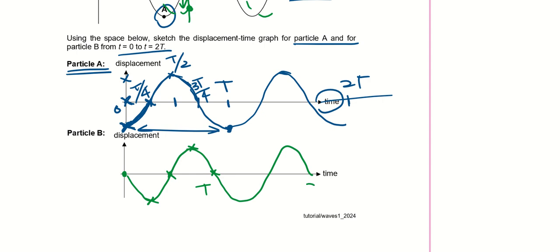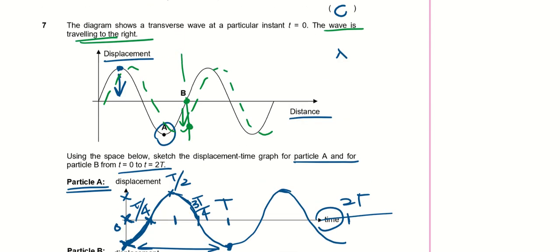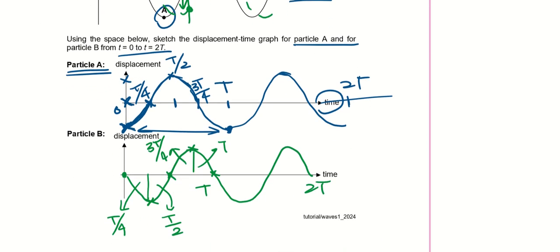So this is 2T. Over here, this quarter will be 1/4 of a period. This is another quarter, so now it's T over 2. Here will be 3T over 4, and here will be a complete period. So basically you need to remember your 4 steps, and you need to be able to draw the next wave and see where it's traveling.